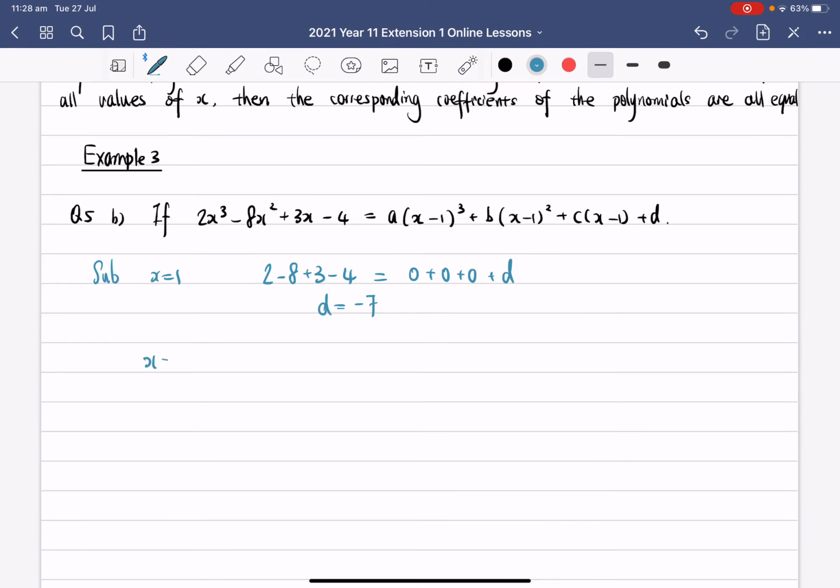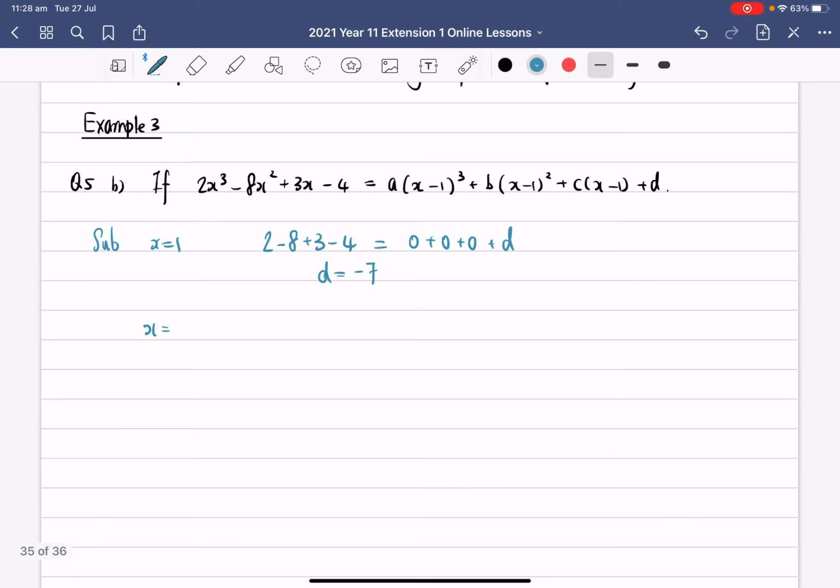The next one, I need to pick the nicest substitute possible. Unfortunately, it doesn't matter which one I substitute. I'm not able to cancel any other terms out because they're all equal to x minus 1. So in this case, I'm just going to find a number that's a bit easier, like 0. If I substitute 0 inside, I will end up with minus 4 on the left-hand side.